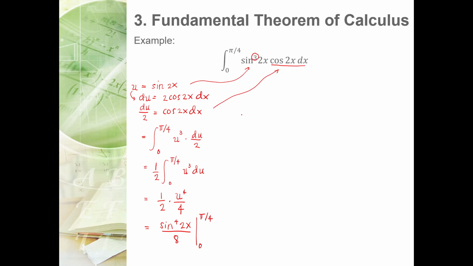So this time we apply the limits of integration, starting with the upper limit. Of course, the exponent 4 can also be expressed in this manner. You can have sine 2 times pi over 4 and then raised to the power of 4, di ba?